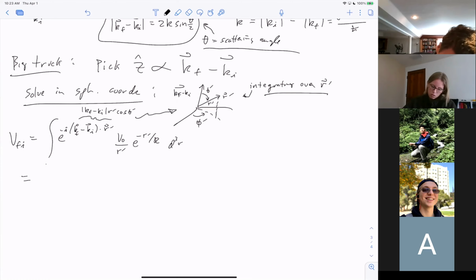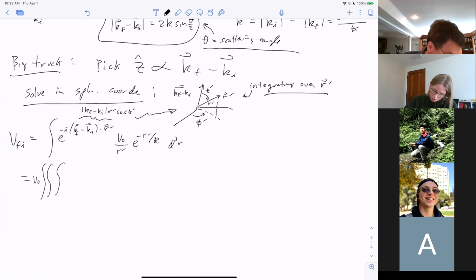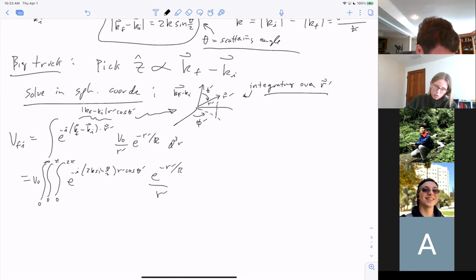And so this integral now becomes this. I'm going to take out the v naught, and it now becomes a triple integral from 0 to 2 pi, 0 to pi, 0 to infinity of e to the negative i 2k sine theta over 2 times r prime cosine theta prime, times e to the negative r prime over r, times r prime squared dr prime sine theta prime d theta prime d phi prime.